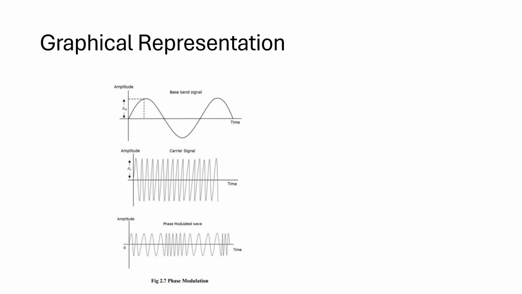Here we can say that different phase angles are used to indicate the phase variations. In case of the continuous time phase modulated signal, the positive cycle of the message signal is indicated by one phase, and the negative cycle of the message signal is indicated by another phase.